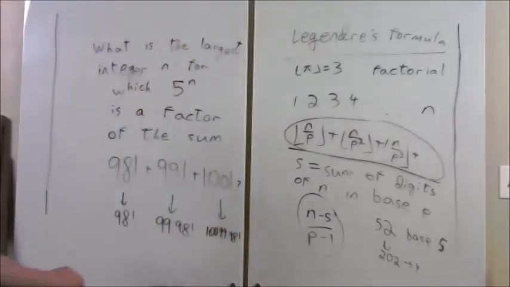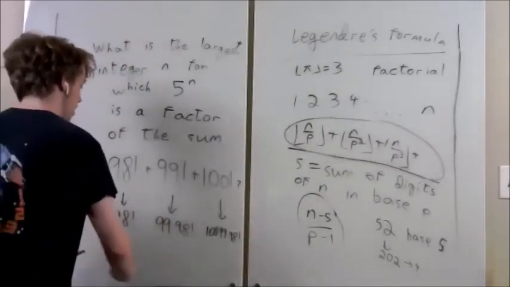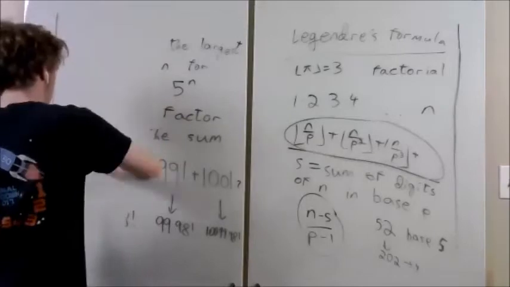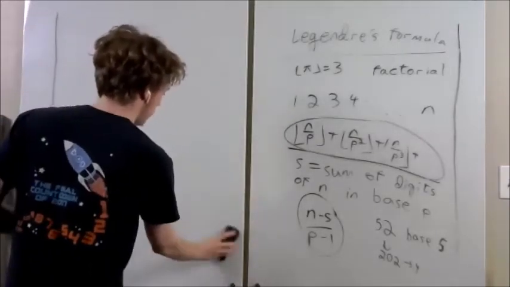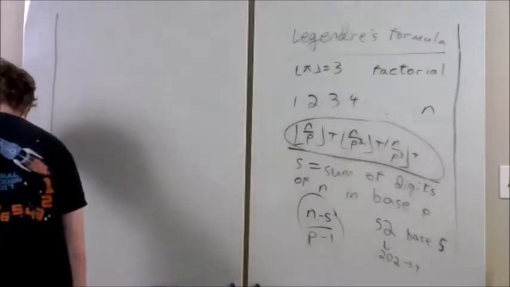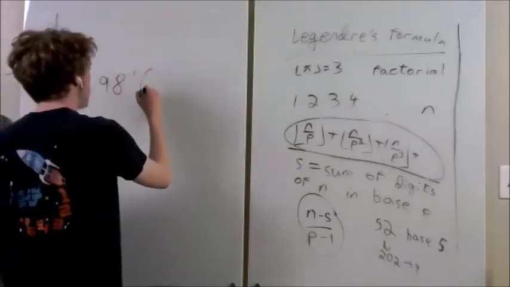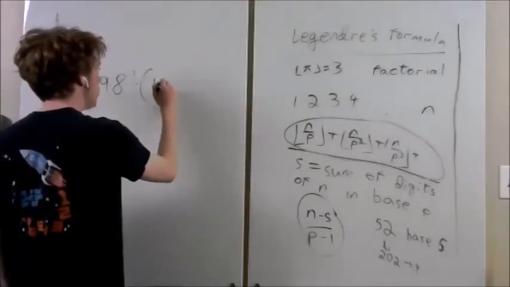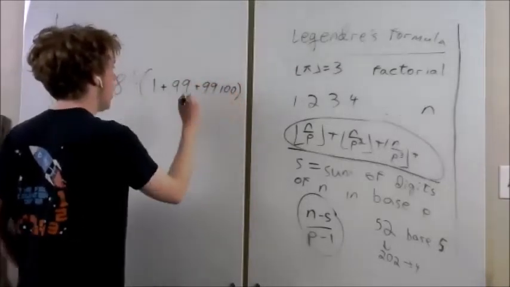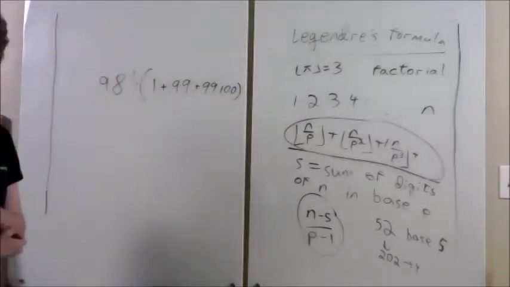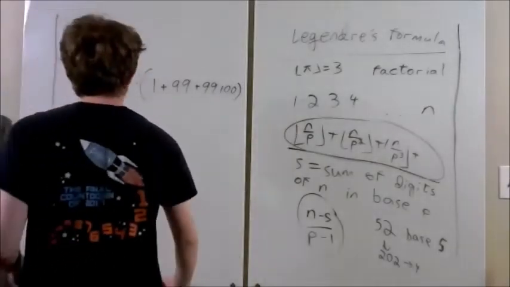So this sum, if you factor out the 98 factorial, is 98 factorial times (1 plus 99 plus 99 times 100). And now this sum: 99 times 100 is 9900, plus 99 plus 1, that's just 10,000.